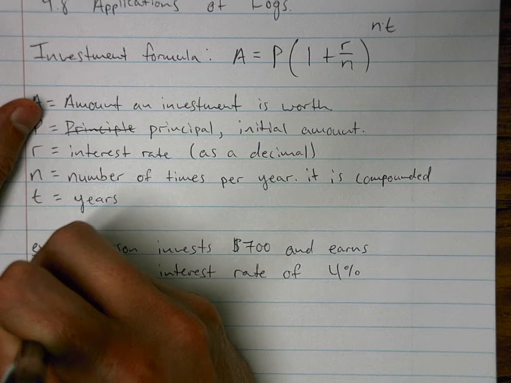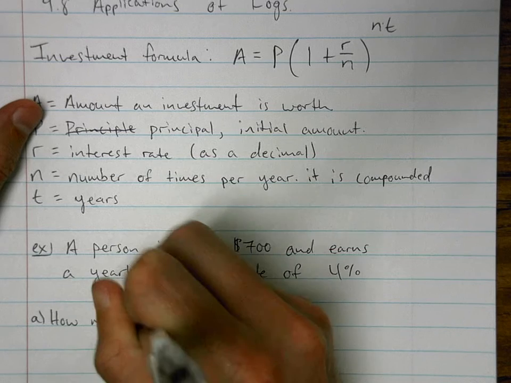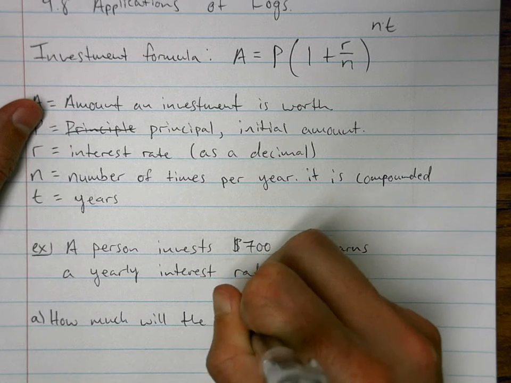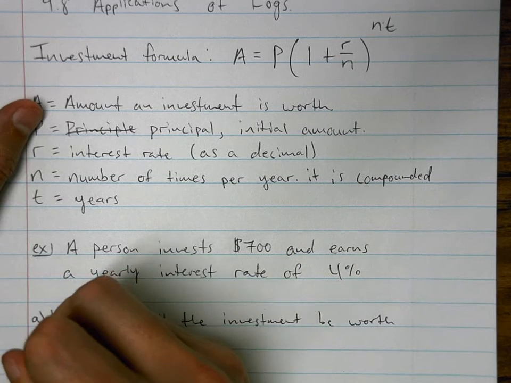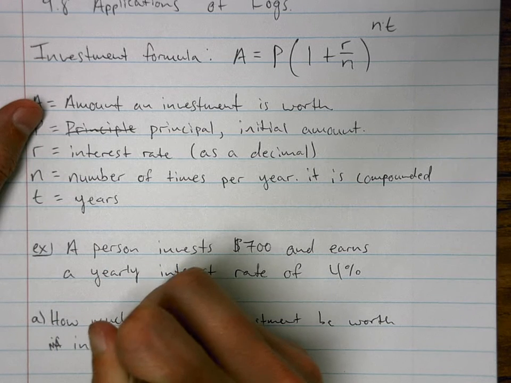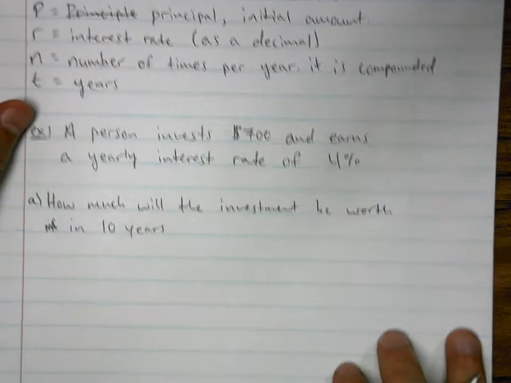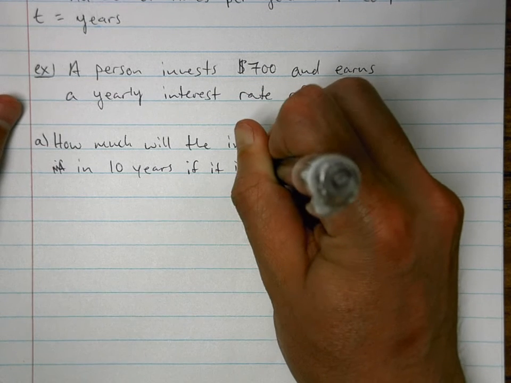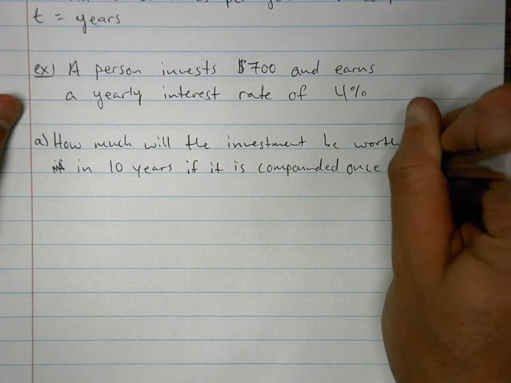So, part A says, how much will the investment be worth in 10 years if it is compounded once per year?